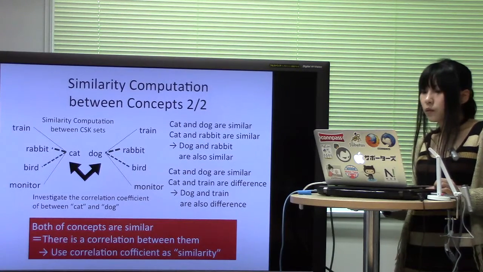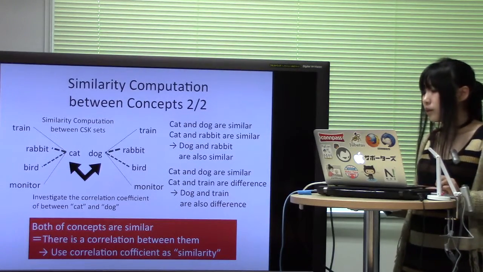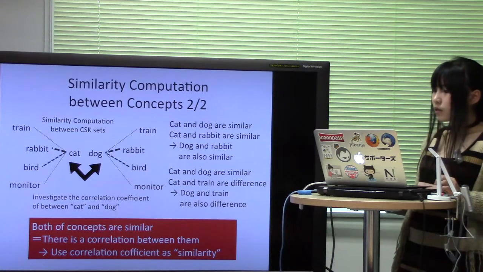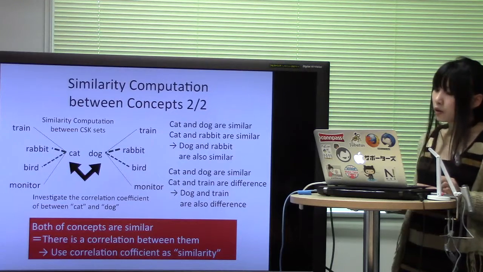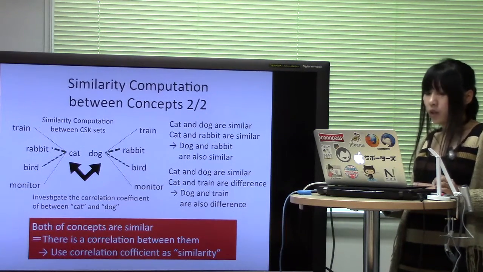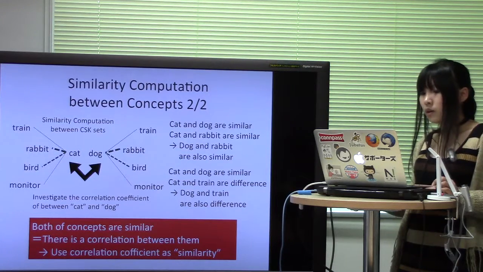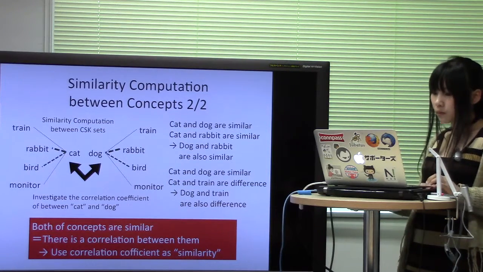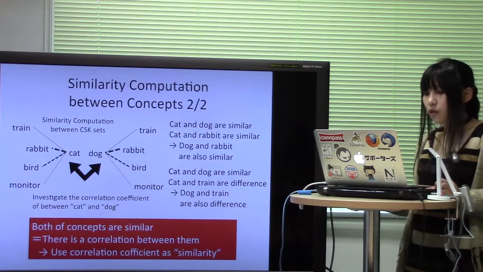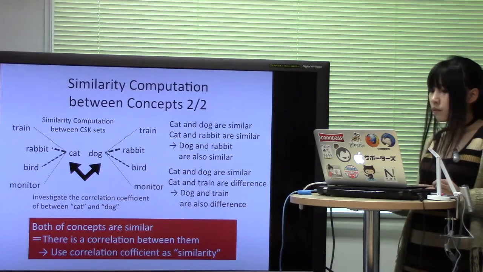We think about the hypothesis using the example of cat and dog. If cat and dog are similar and cat and rabbit are similar, then dog and rabbit are also similar. It means that if both concepts are similar, there is a correlation between them. So we use the correlation coefficient as the similarity score between concepts.